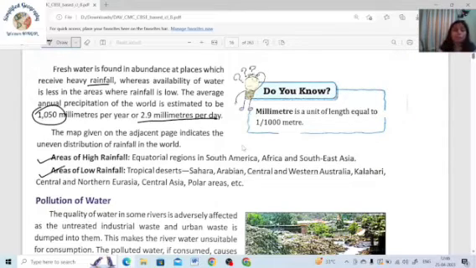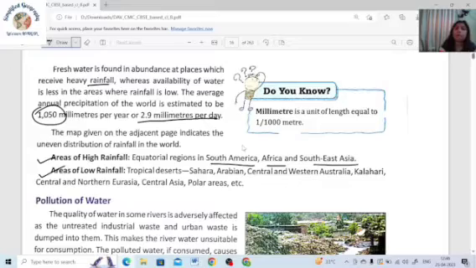If you see the map, you will find that the equatorial regions of South America, Africa and Southeast Asia have an abundance of water because the rainfall is much more than in other parts of the world. Whereas areas of low rainfall are tropical deserts like the Sahara, Arabian, Central and Western Australia, Kalahari, Central and Northern Eurasia, Central Asia, and polar areas are absolutely no rainfall zones.